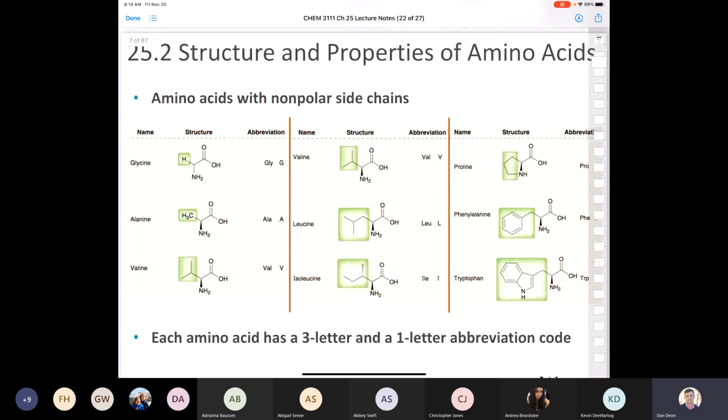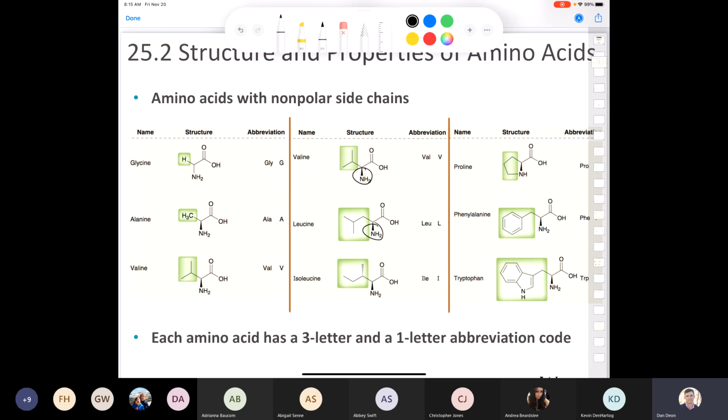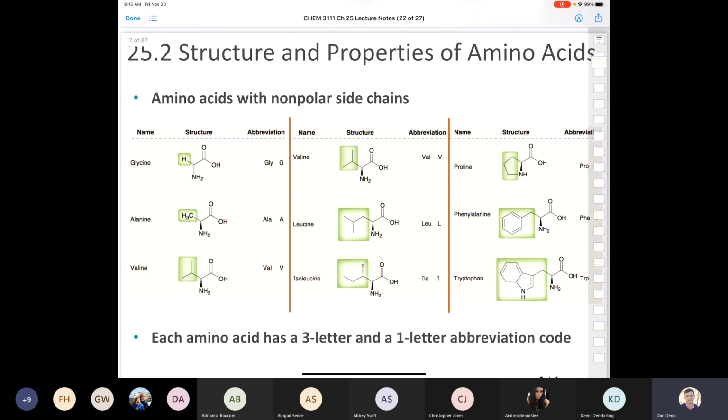And here we have the naturally occurring amino acids drawn as bond line structures. They're not represented as Fischer projections. And you can see that all the chirality centers that have the amino group are all drawn as a wedge so that it's coming out of the page.